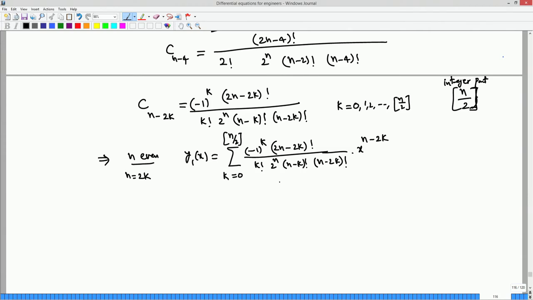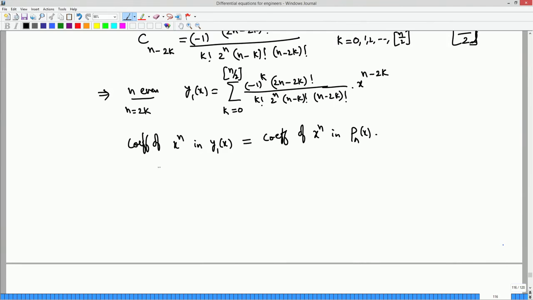So, this is your polynomial. Okay. The way you fixed it, when k equal to 0, this is exactly the coefficient of x power n in y1 of x, which is equal to the coefficient of x power n in Pn of x from the Rodrigues formula. Okay.